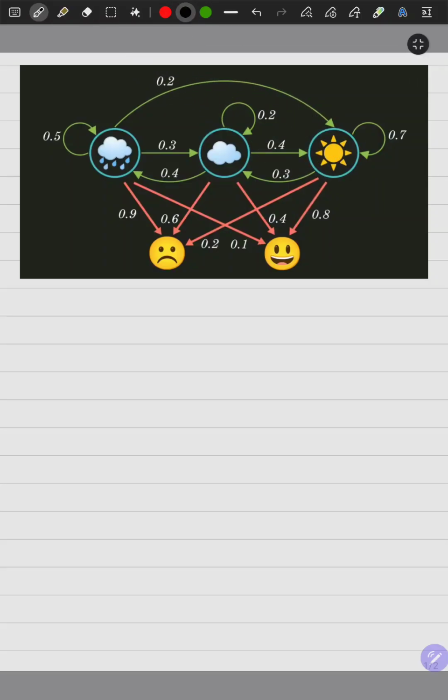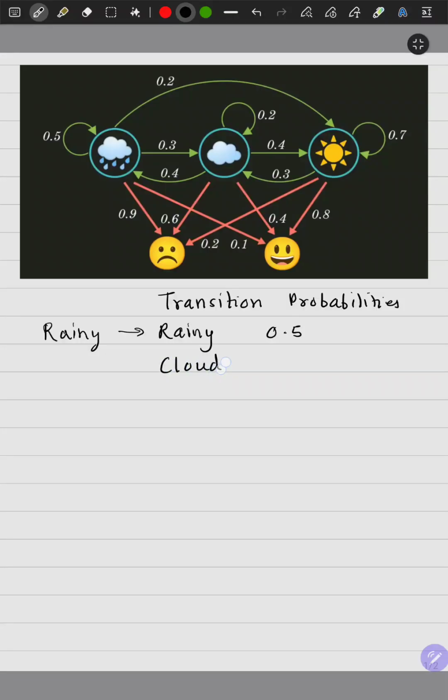And if you take the sum of all these probabilities, for rainy to rainy, these are all called transition probabilities. These are in green. So rainy to rainy is 0.5, rainy to cloudy is 0.3, and rainy to sunny is 0.2.